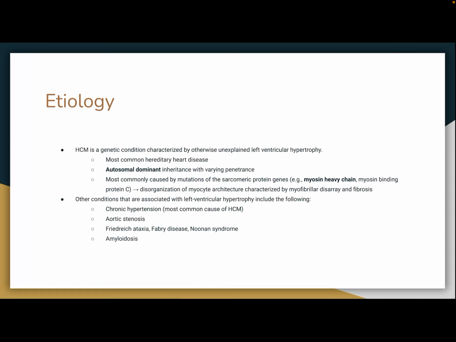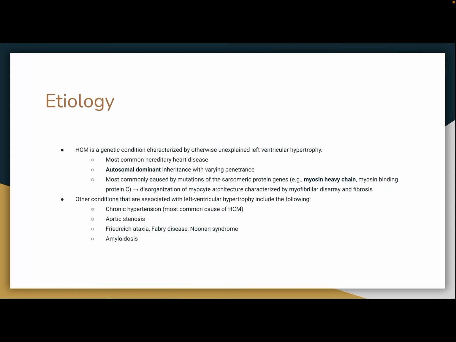It is the most common hereditary heart disease, inherited in an autosomal dominant way with varying penetrance. Most commonly caused by mutations of the sarcomeric protein genes, for instance myosin heavy chain and myosin binding protein C, and disorganization of myocyte architecture characterized by myofibril disarray and fibrosis.